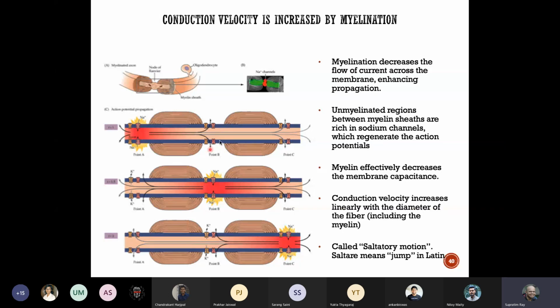And then there are these little gaps called nodes of Ranvier, and these gaps are packed with sodium channels. So once more current comes in, it leads to an action potential here. The action potential jumps from one node of Ranvier to another. It's called saltatory motion. Saltare means jump in Latin.